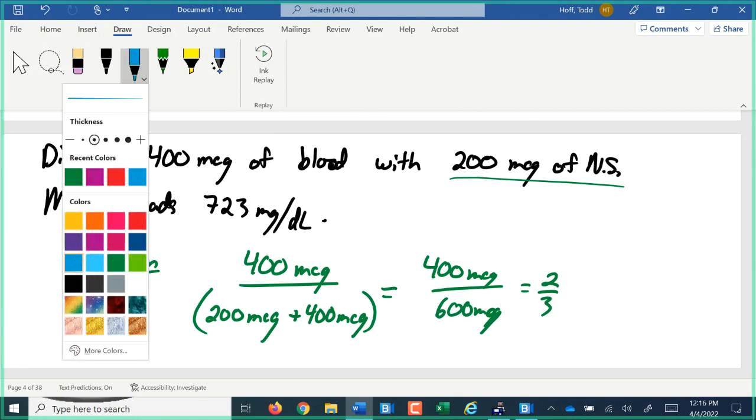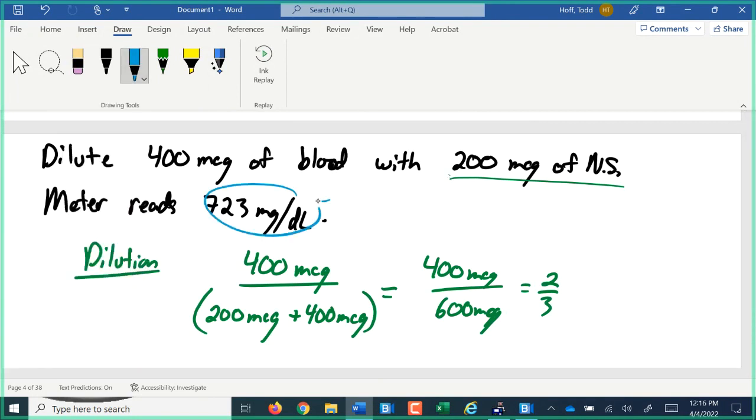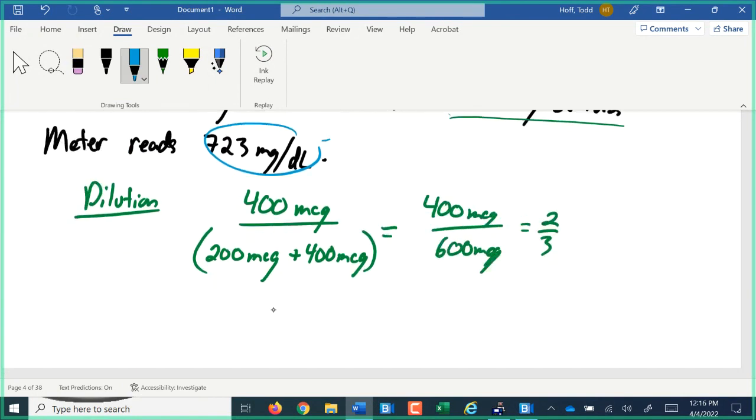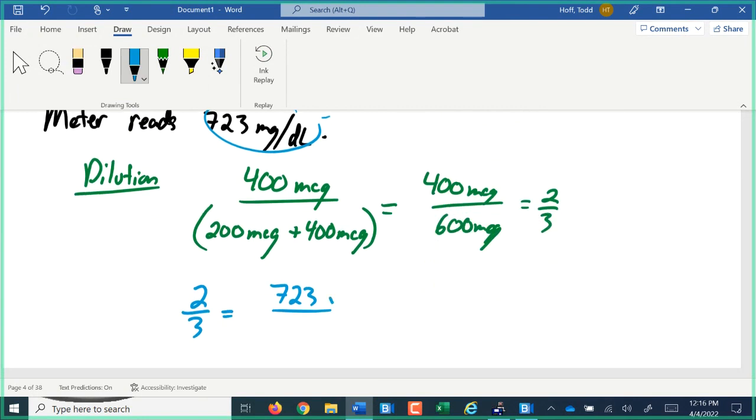That dilution is then used to adjust the reading of 723. The 723 is the diluted reading, so it matches up with the smaller number, which is the 2.